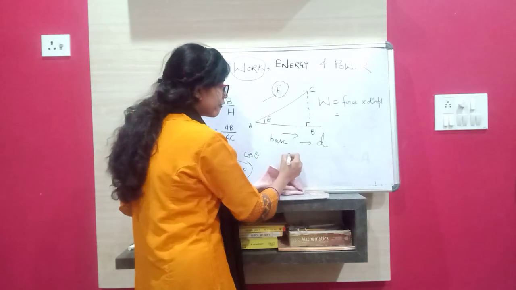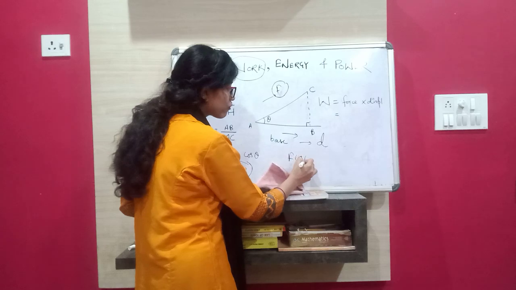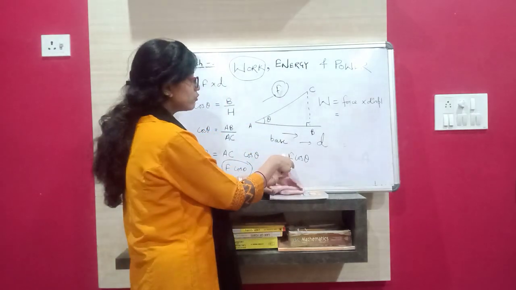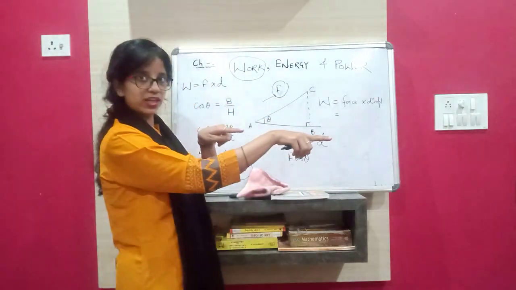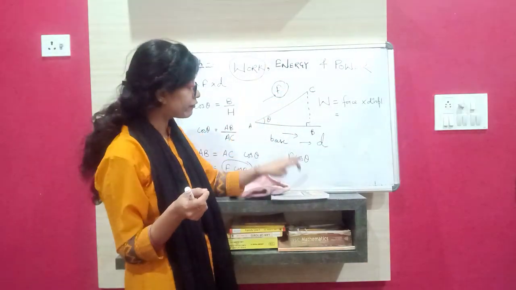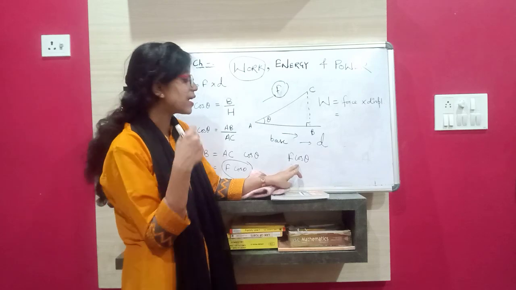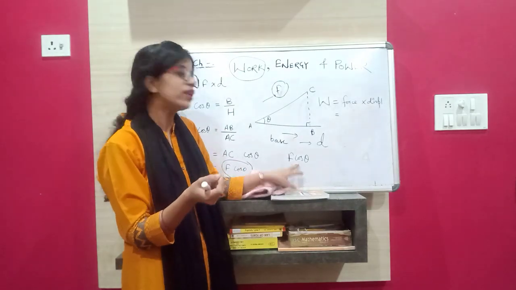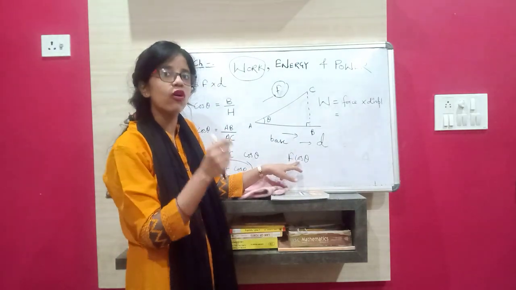So along this, which force is acting? F cos theta. So if you see in the forward direction now, which force is acting, not F, but the effect of force, that is F cos theta. You can call it the component of force F cos theta.